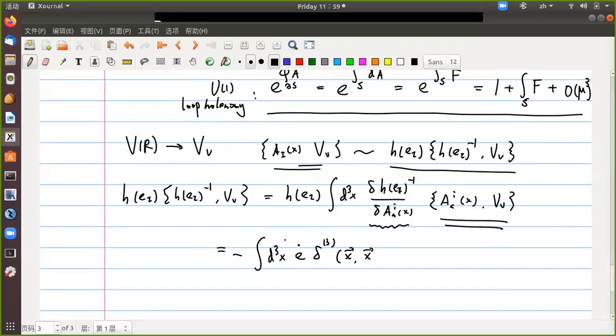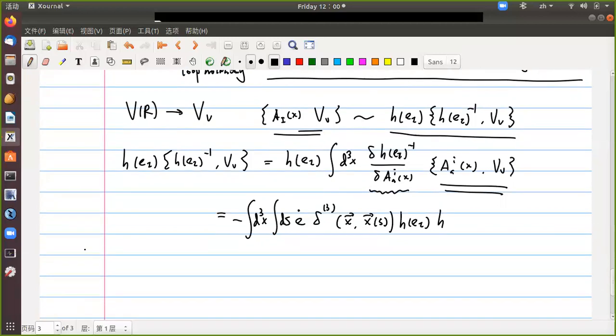So firstly you have a three-dimensional integral from above, and in this computation, because your holonomy is a line integral, you have another integral along the curve, ds. And then you have h_{e_i}, and you have h. Here, let me draw a picture.